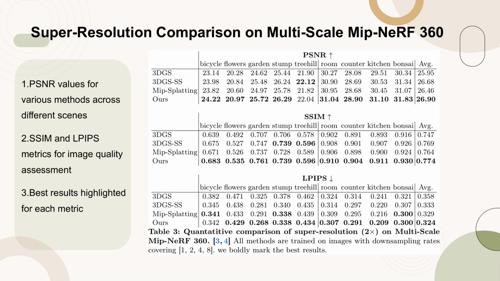Table 2 presents a quantitative comparison of analytic-splatting against several cutting-edge methods on the multi-scale MIPNRF 360 dataset. The methods included in the comparison are MIPNRF 360, MIPNRF 360 plus INGP, ZipNRF, 3DGS, 3DGS-SS, and MIP-splatting.